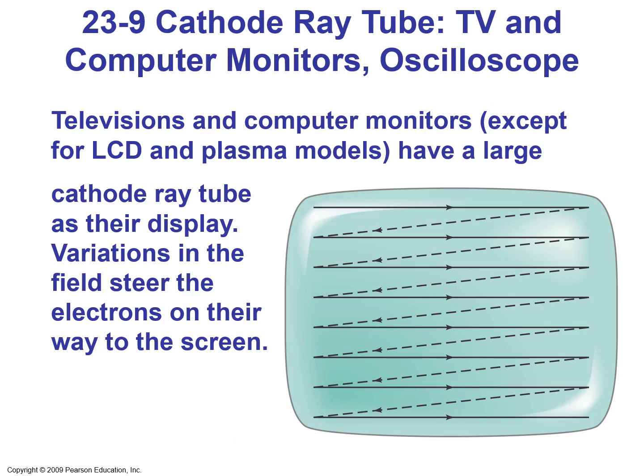Televisions and computer monitors, except for LCD and plasma models, have a large cathode ray tube as their display. Variations in the field steer the electrons on their way to the screen. Here we can see the path of electrons from left to right, and the dashed line moving back to the left.